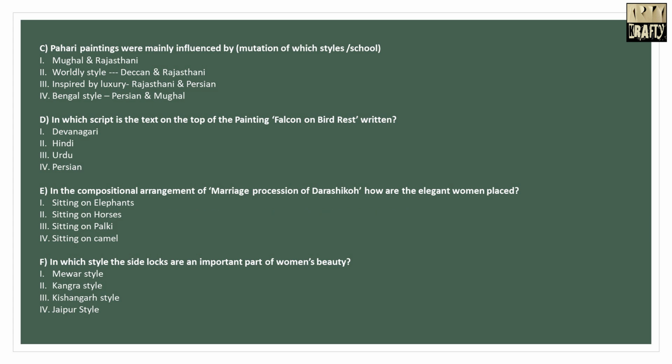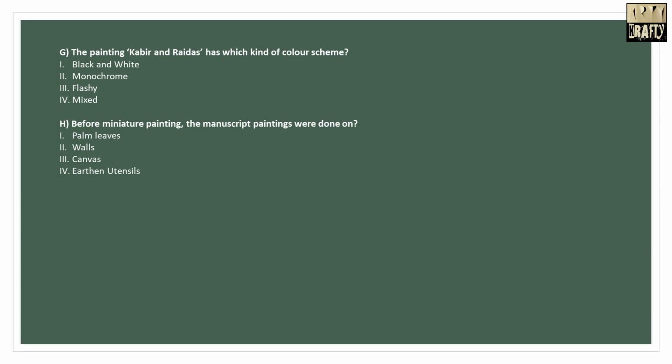In which style the side locks are an important part of woman's beauty? Kishangarh style. The painting Kabir and Raidas has which kind of color scheme? Monochrome. The answer for the question H is palm leaves.